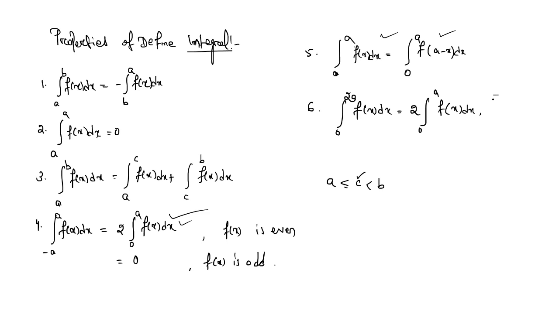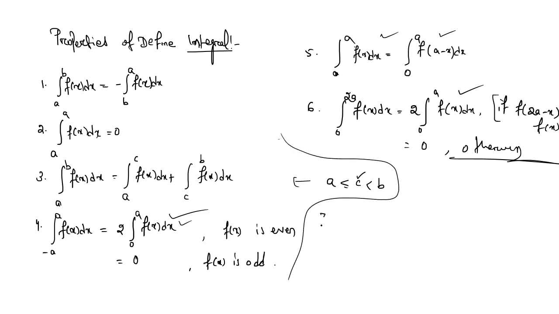This is only if f of 2a minus x is equals to f of x, then this is satisfied. Otherwise, this is 0. Okay, so this is the sixth property, right?